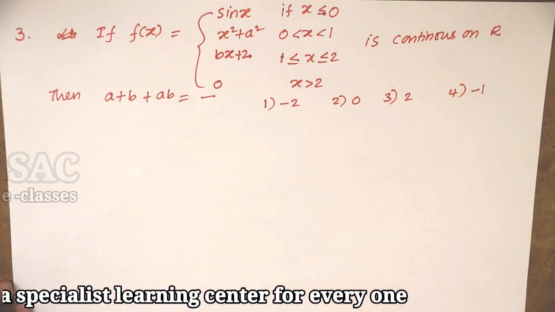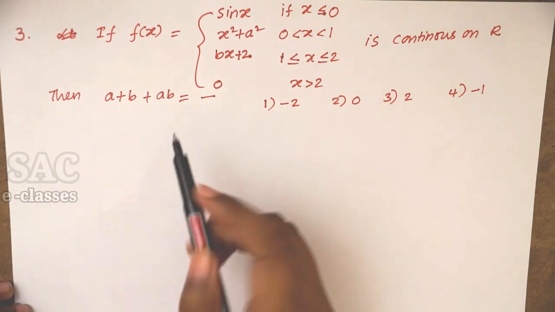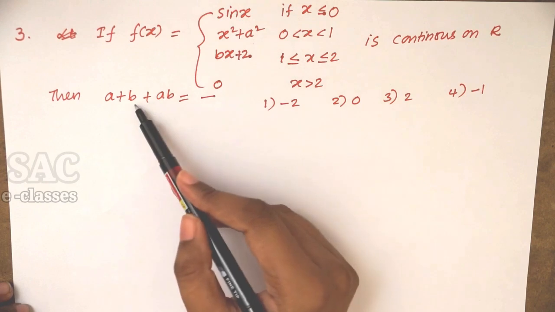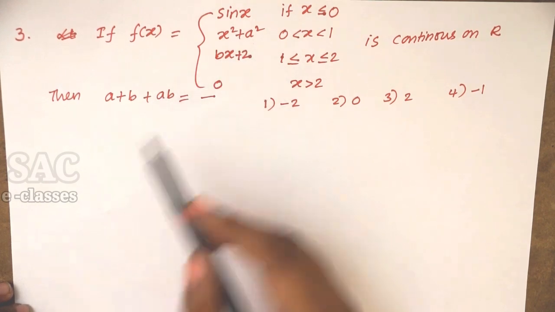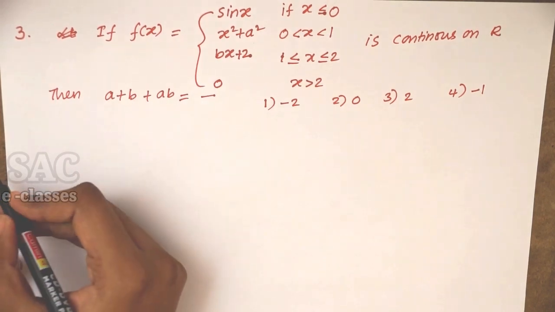But now the second category: if they have given that the function is continuous, how to find out the unknown or maybe missing values. This is the best example for that.